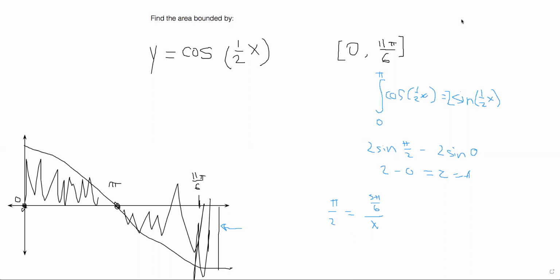So I used that to find the area when the domain goes to only 5 pi over 6, and this comes out to be 5 over 3. But that's only for 0 to 5 pi over 6. So I added 2 plus 5 over 3 to get the total area, which came out to be 11 over 3.